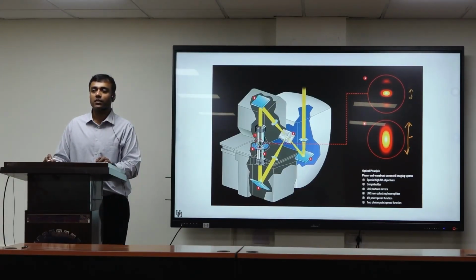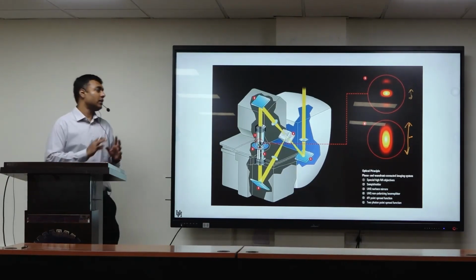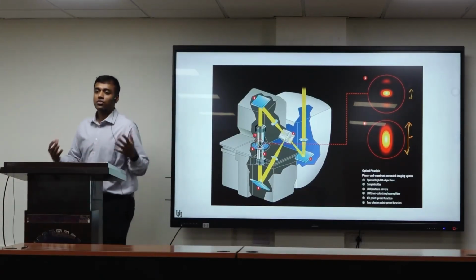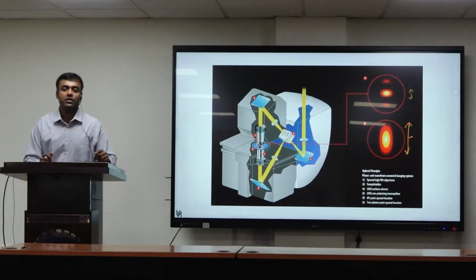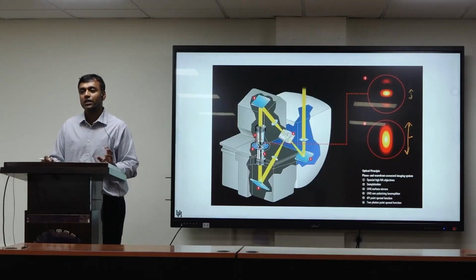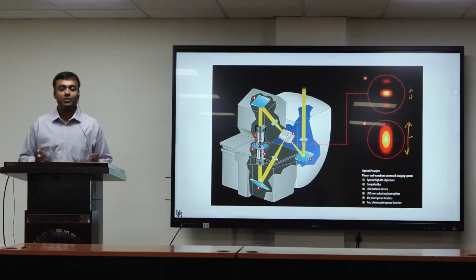So in essence, all these approaches are diffraction limited. So what is diffraction limited? When light focuses onto a small spot, there is a smallest spot that you can make, and we are using the size of that smallest spot to do imaging.